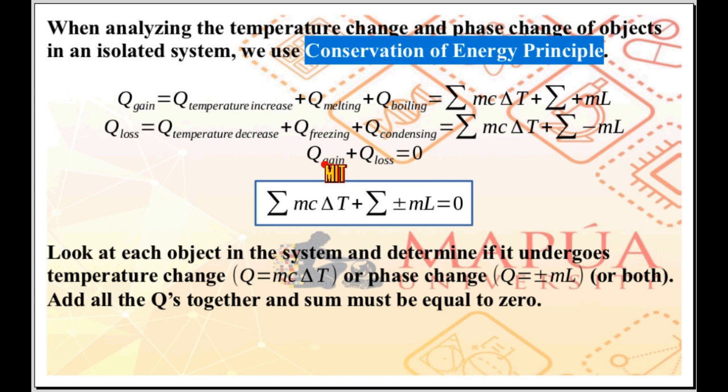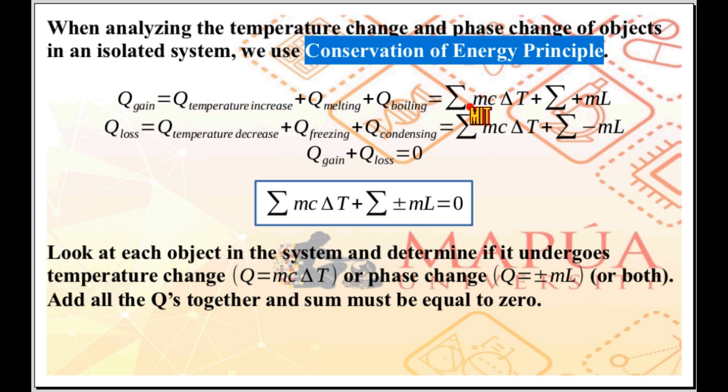So take all the positive Q, add them all together, and you have Q gain. So take all the Q due to temperature increase and Q involved in melting and boiling in the system. Add them all together and you have Q gain.